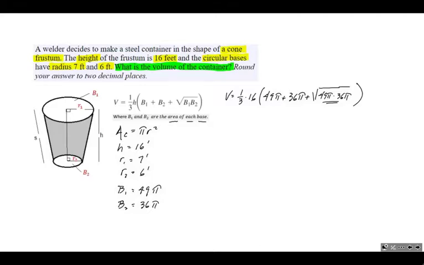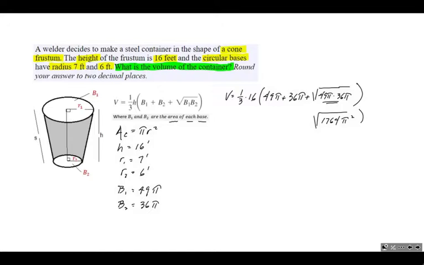So let's just bring this square root term down, and we can multiply the numbers together, and then we can multiply the pi's together. 49 times 36 is going to give us 1764, and then pi times pi is pi squared. So this term can be represented as the square root of 1764 pi squared.